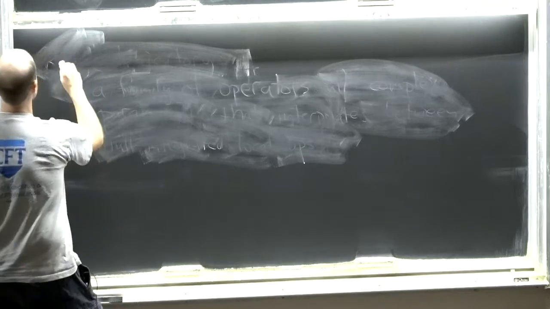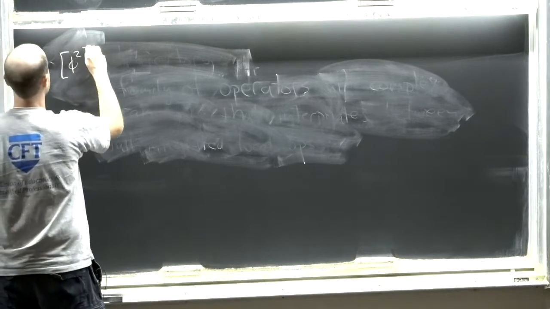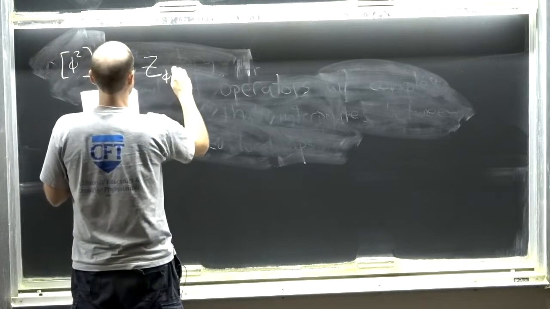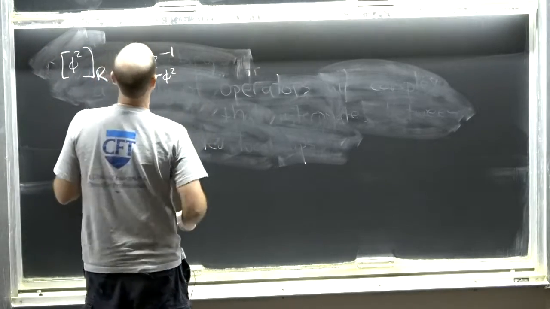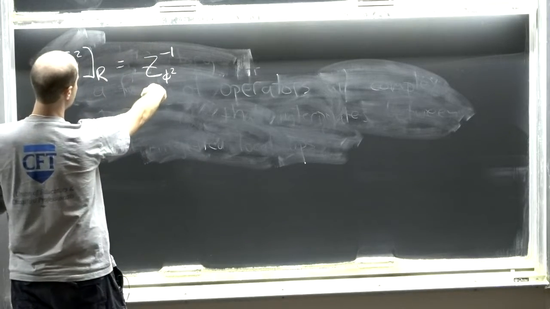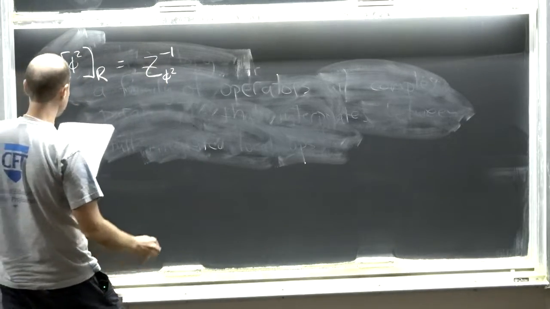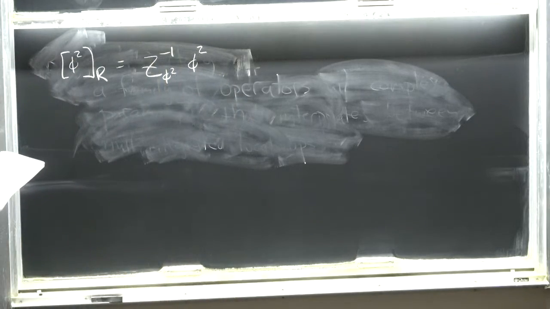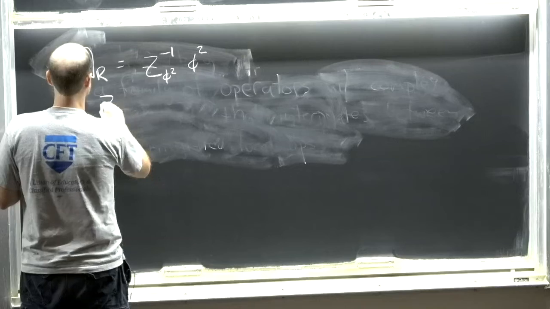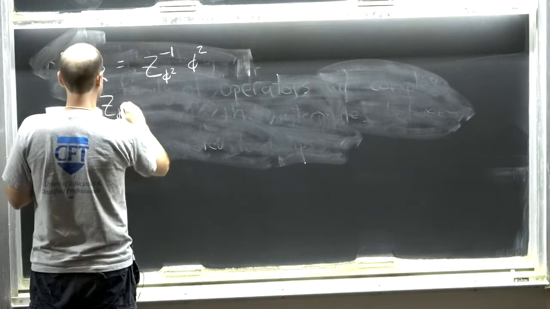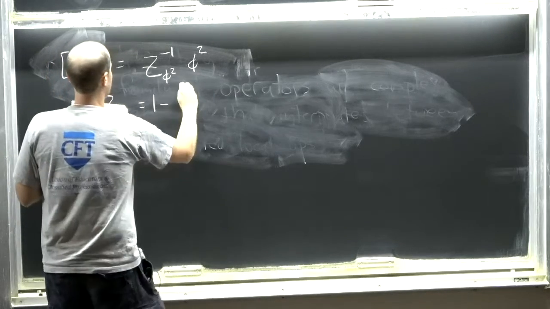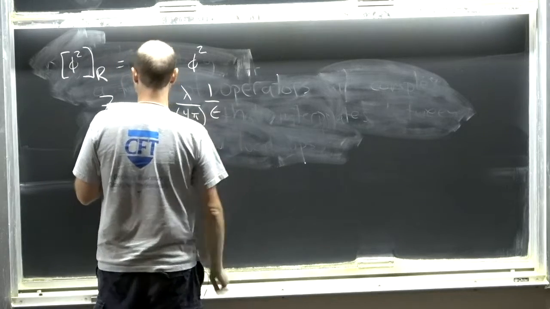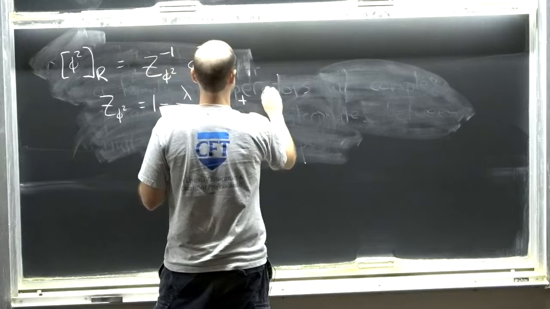Okay, so we need to construct a renormalized operator, phi squared renormalized, and that's a renormalization factor, and it's conventional to call it Z inverse. So Z inverse times the bare operator, and in this case, the value of Z that we need is 1 minus lambda over 4 pi squared, 1 over epsilon, and then plus higher order in lambda.